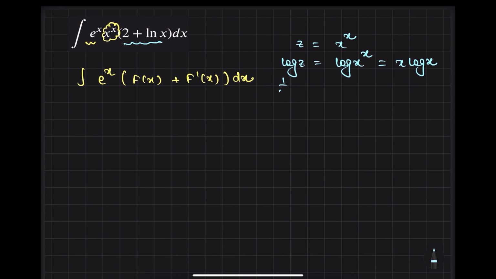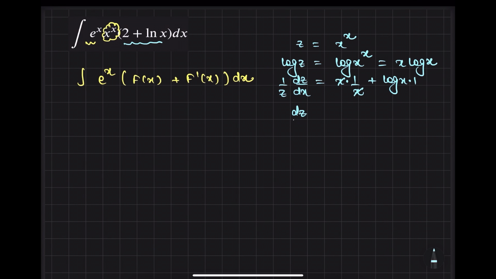So we will have 1 by z times dz by dx, and here we can apply the UV rule: first function times differentiation of second function plus second function times differentiation of first function. So this thing is gone.